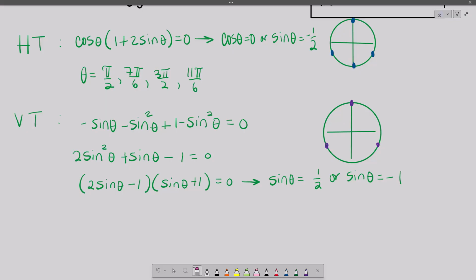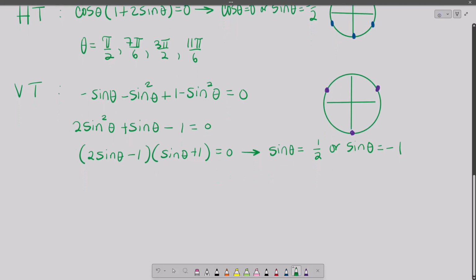So then our circle, let's get those guys matched up. So we have 1 that's overlapping right there. And then sine is equal to 1/2 here or here. So our angles are theta equals pi over 6, 5 pi over 6, or 3 pi over 2.